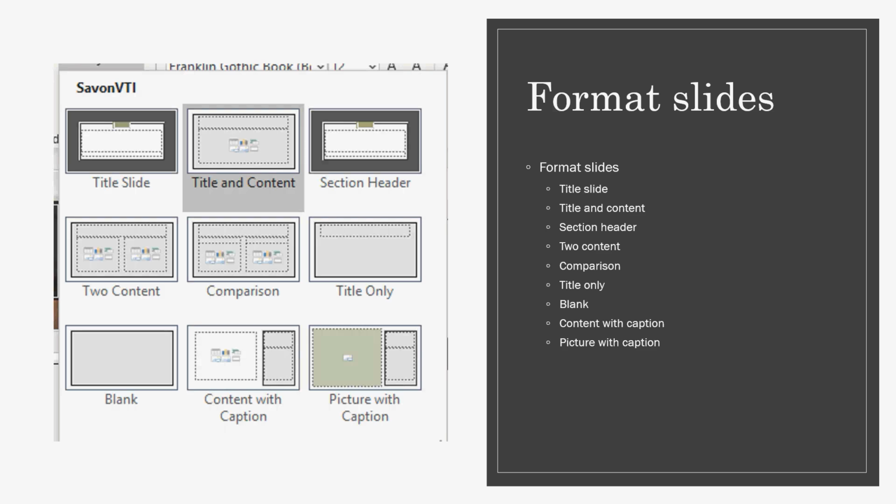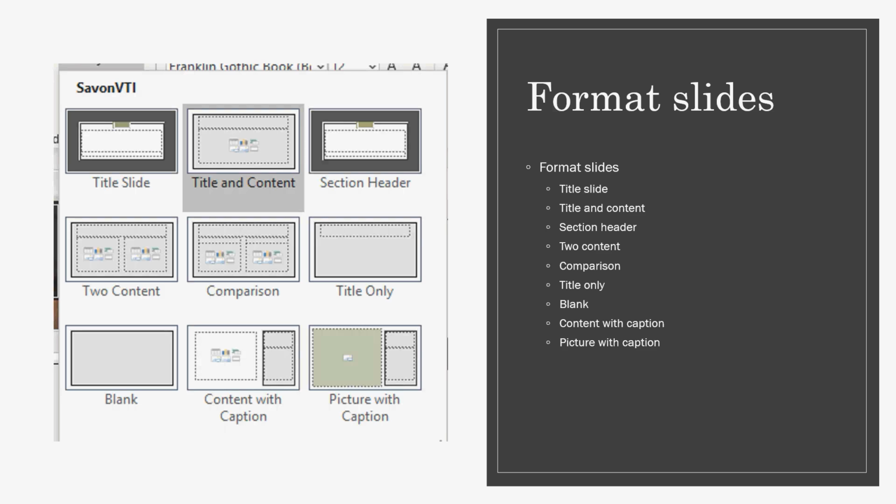So let's get into what these different slides are. These are your default slides. You have your title and content, your section header, and we're going to go into some of these specifically, but please pay attention to the ones that say the word content, and what a section header is.